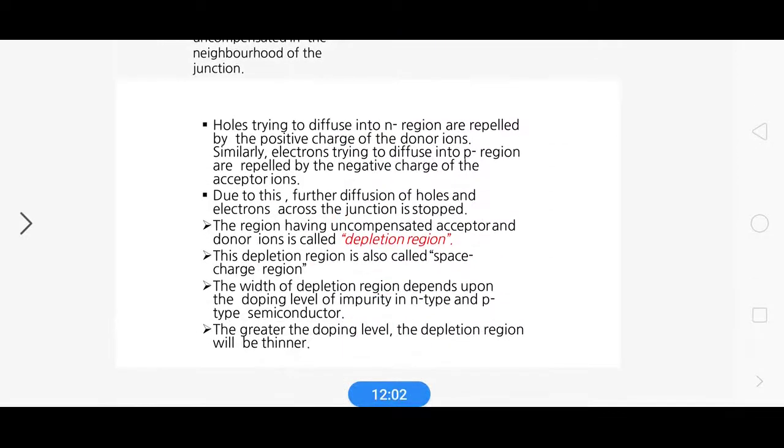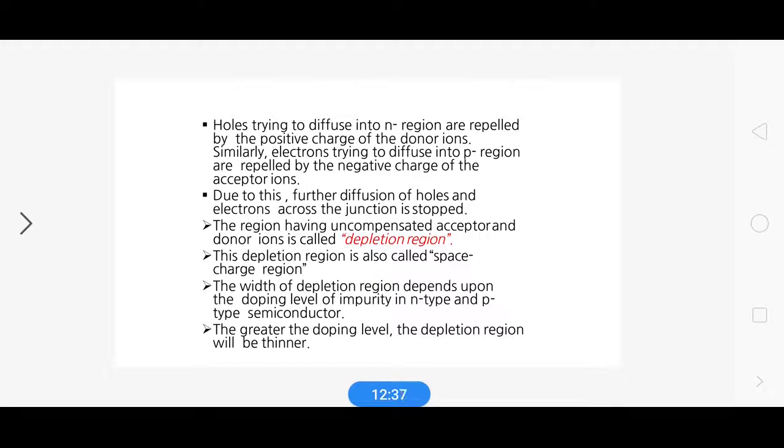So, due to this, further diffusion and further recombinations will be stopped. The further diffusion of holes and electrons across the junction will be stopped. So, this region has compensated acceptor and donor ions only. This region consists of only acceptor and donor ions.